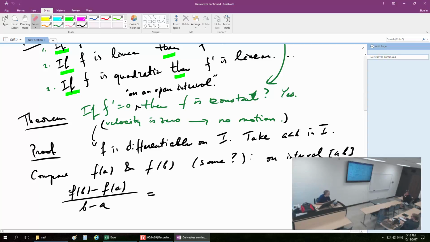Remember, what is the punchline of the mean value theorem? What's the conclusion of the mean value theorem?